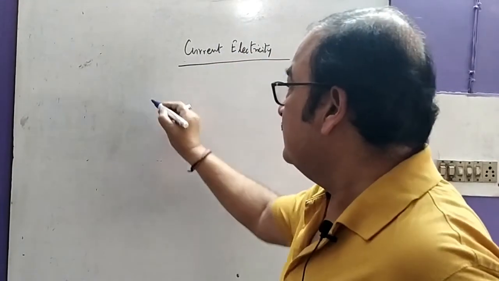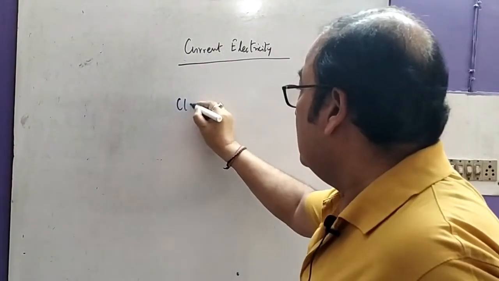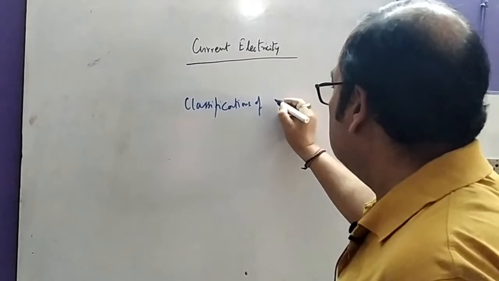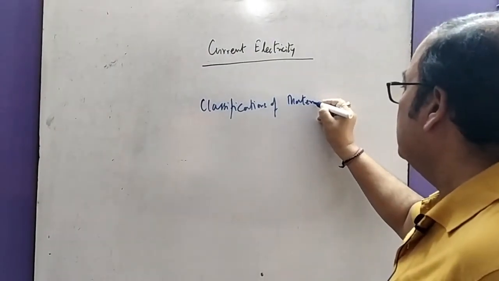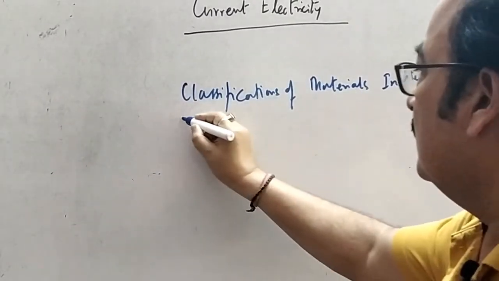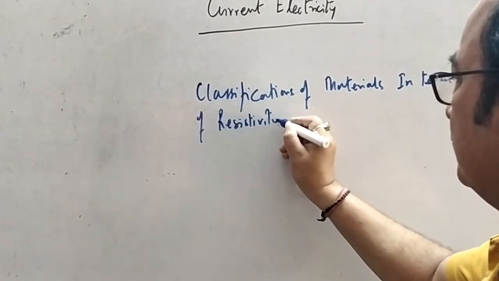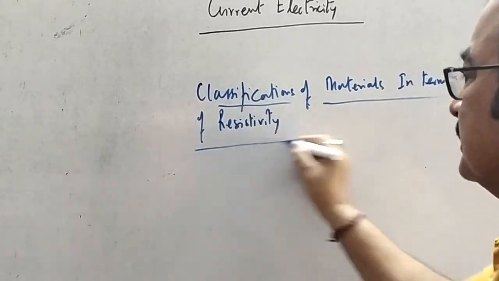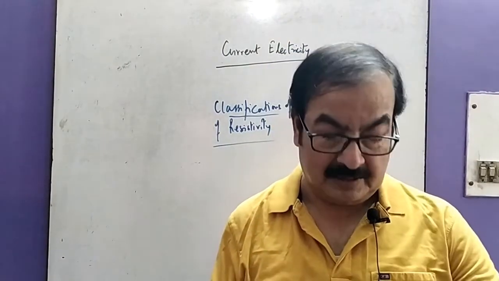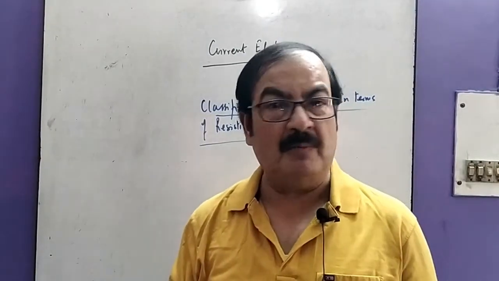Next is classification of materials in terms of resistivity. When we say this is classified, that means different types of materials are there.